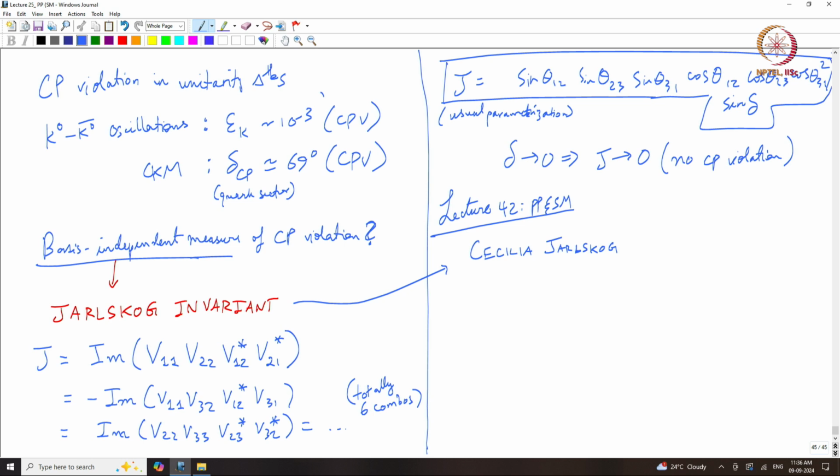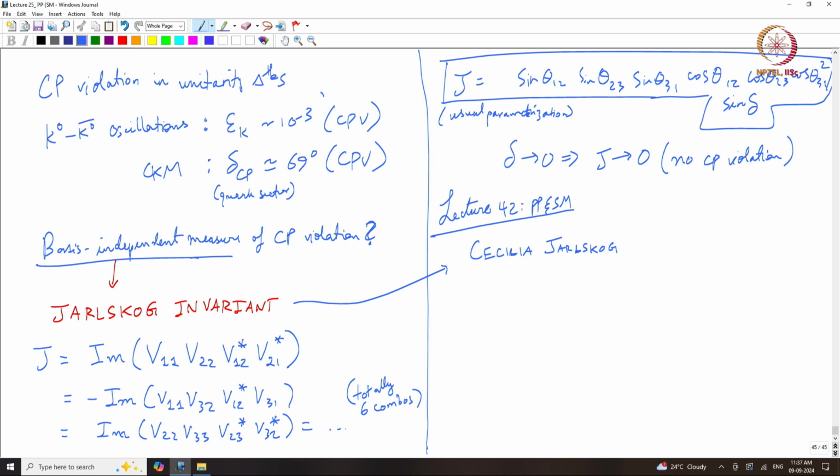Okay. So, we will see in a second. You can actually go and read Cecilia Jarlskog's paper, it is very readable. It is one of the most beautiful papers I have read. Okay, so I highly recommend going and looking at the original source of this.